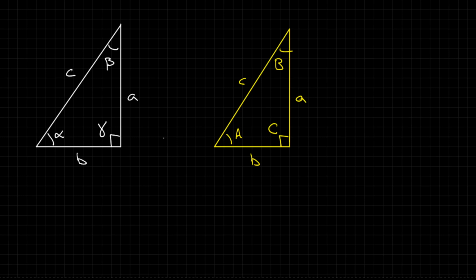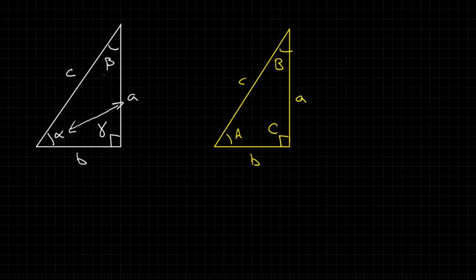The first is that if you have a right triangle, then A and B are typically used for the legs, whereas C is typically used for the hypotenuse. And secondly, the side labeled A is always opposite to alpha.